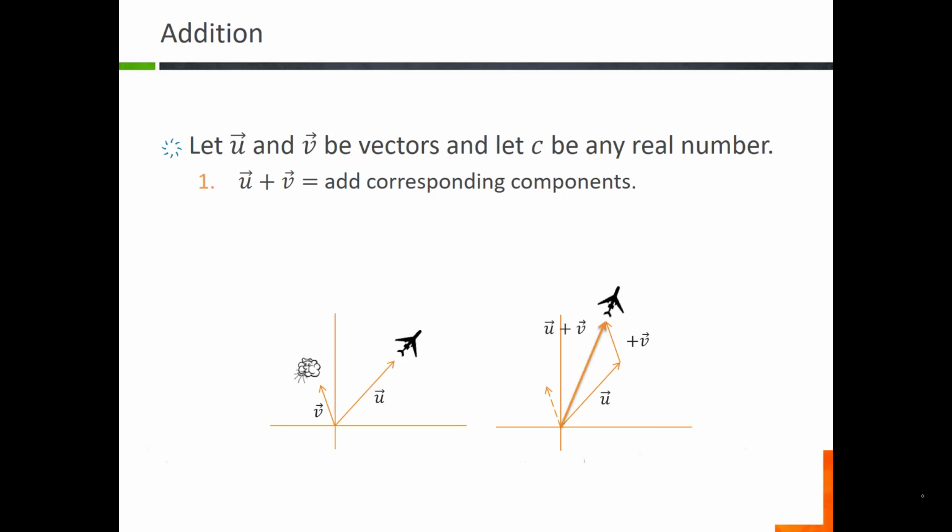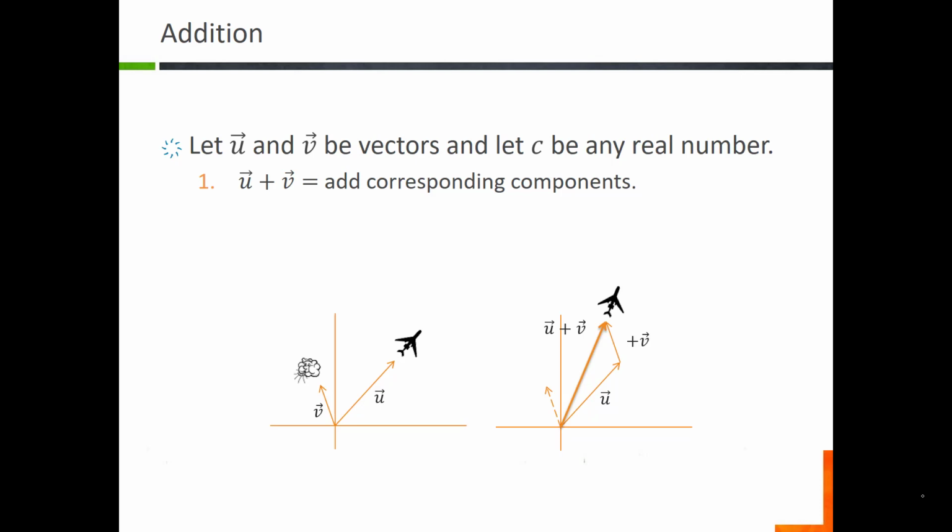Then we draw the result vector, from the origin to the end of the two vectors, and that would be vector u plus v. Intuitively, that represents where the plane is actually going to fly, because it's headed along the u vector, and the v vector is pushing it to the left, so it will be a little bit off of its main path, a little bit to the left. So that's u plus v.